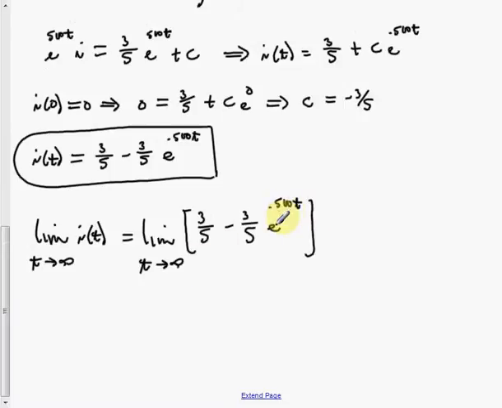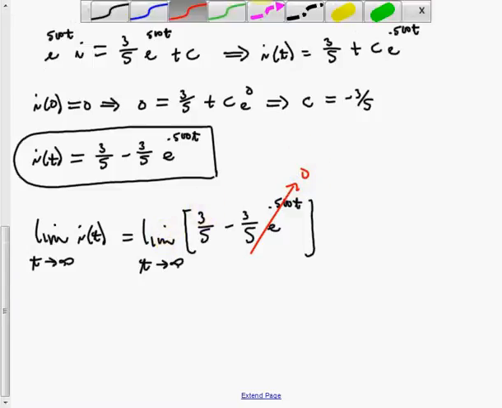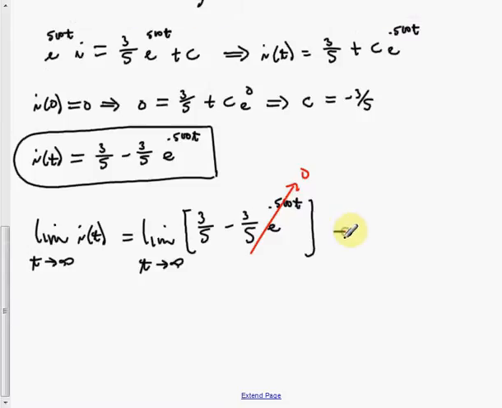Well, here as t gets large, this is 1 over e to the 500t. That goes to 0. So this part goes to 0, and so we have left the limit of a constant as a constant, which is just 3 over 5.